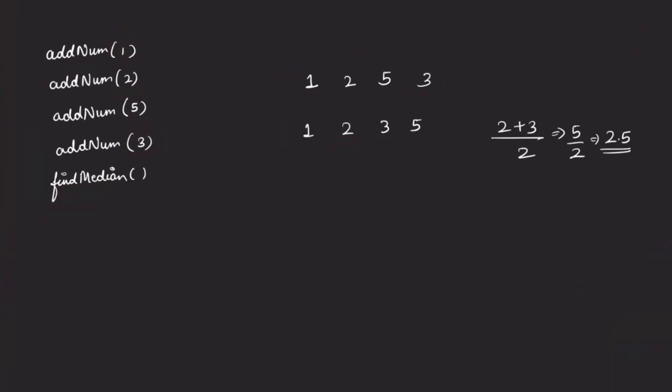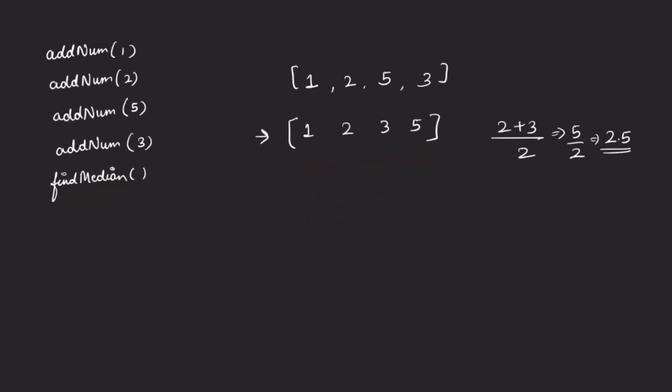Now the simple approach we can follow is to maintain an array. All of these numbers we can maintain in an array, and whenever findMedian is called, we will need to sort this array. Once we sort this array, we will get a sorted array. Now we can check that if the length of the array is odd, then whatever element is present at the index length by 2 is going to be our median.